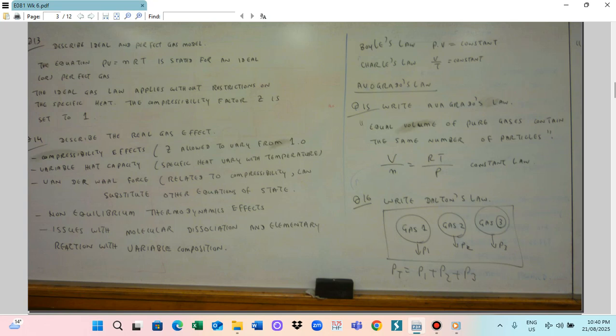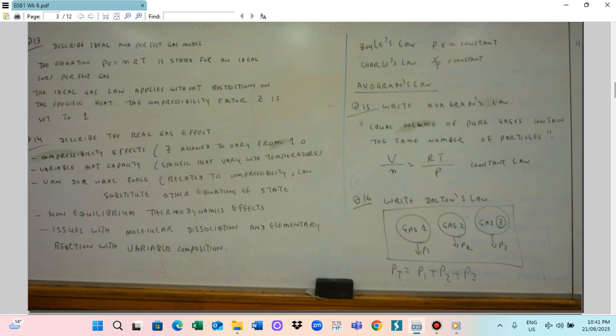In the meantime, the law relating to the volume is the Charles law. In the Charles law, you can use V by temperature as a constant. So volume divided by temperature is a constant. So we have the Charles law.